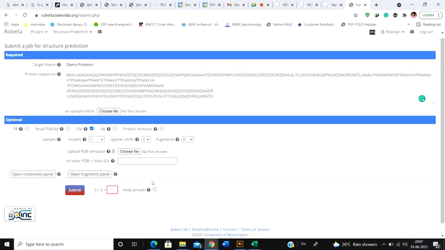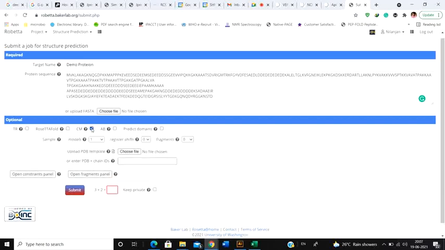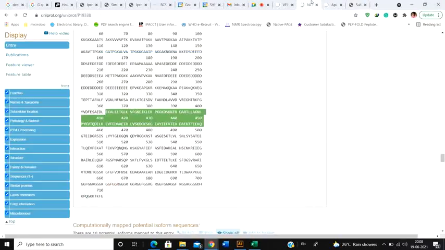Now let me first tell you about the CM method. Once you have performed the CM method, several other pieces of information come up. One is that it asks you to upload the PDB template. That means if you already know that your protein has a similar protein structure in the PDB database, then you can upload the PDB ID of that molecule.